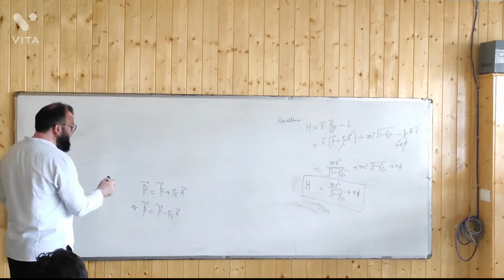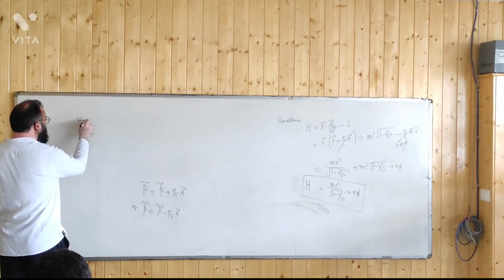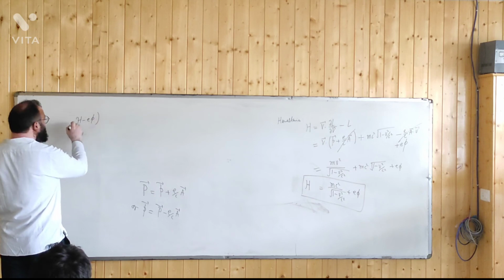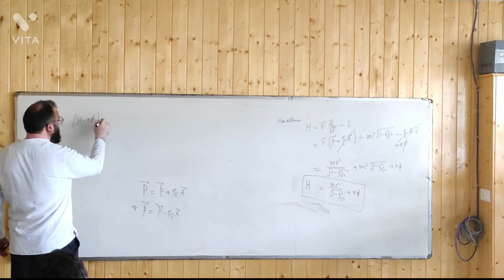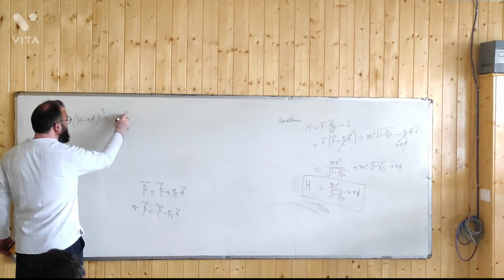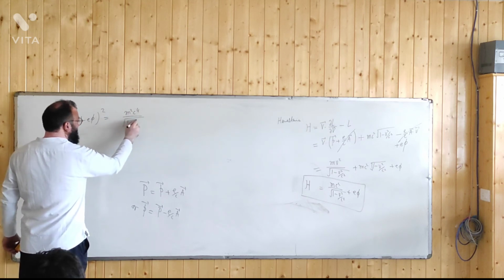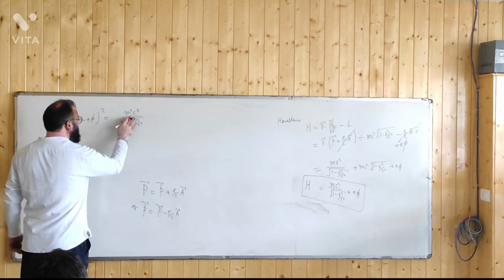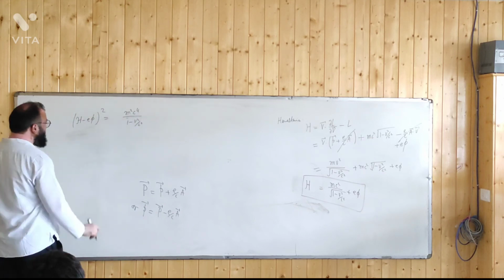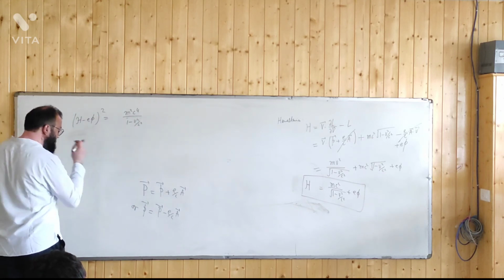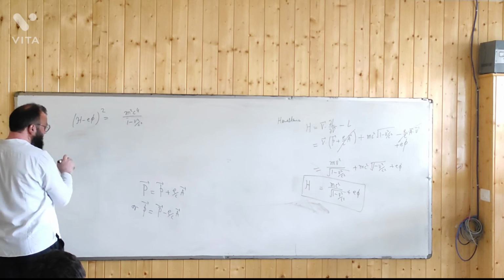So I can write it this way: H minus e phi, the whole square, that's equal to m square c raised to 4 divided by 1 minus v square by c square, and you can write this very objective as p square.